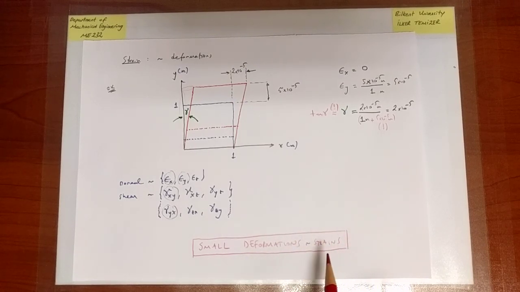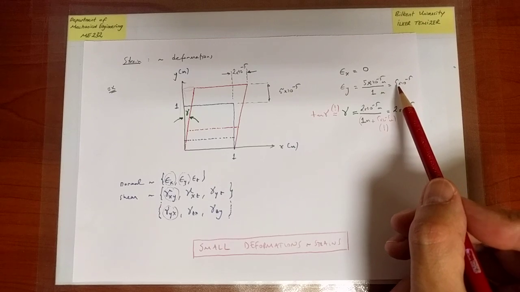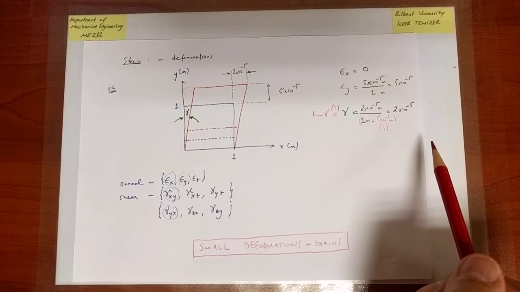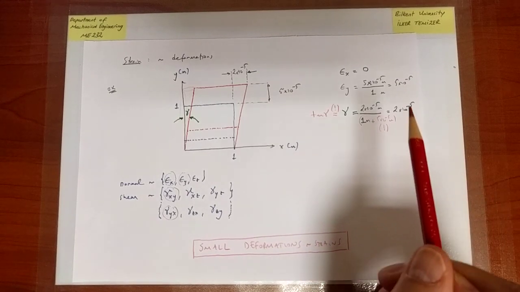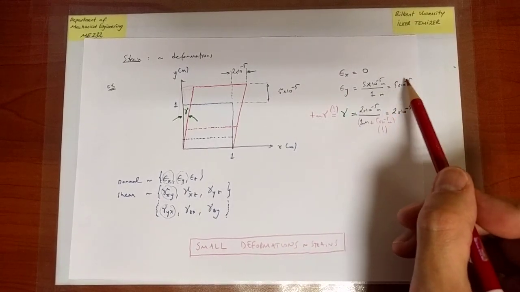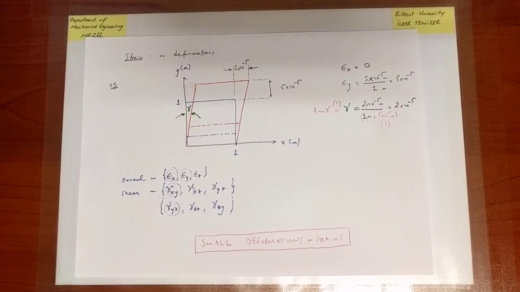But what I can tell you is, for instance, a strain of the order of this amount is certainly small, whereas a strain of the order of, say, 1, that would be 100% elongation, would be extremely large. So it's certainly less than 1, and if it is of this magnitude, it is certainly small. And in between, we need to be careful when we look at the numbers and judge whether the strain is sufficiently small or not.